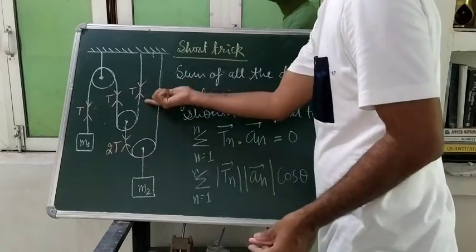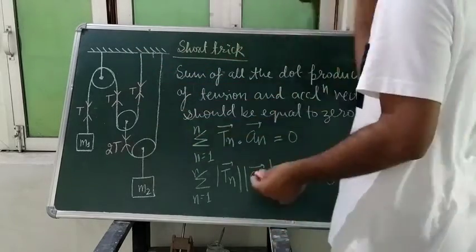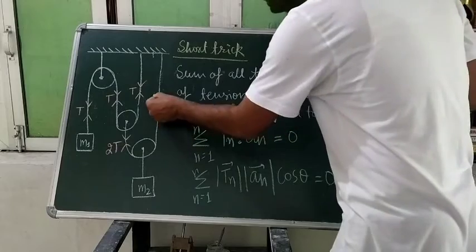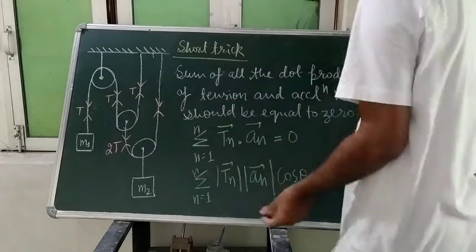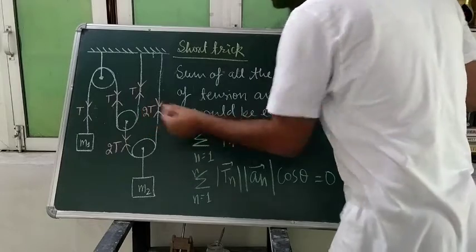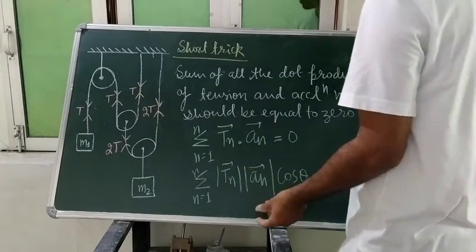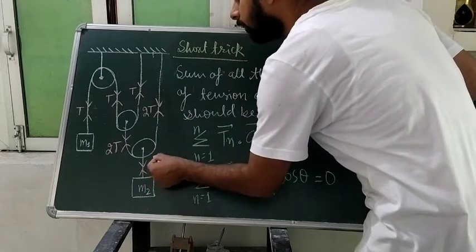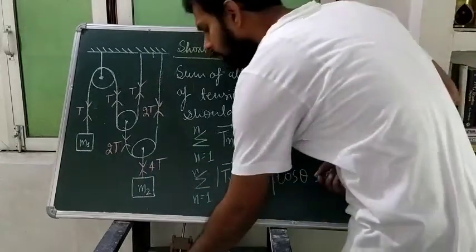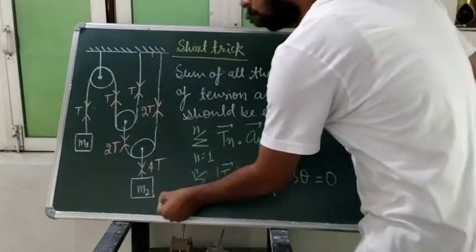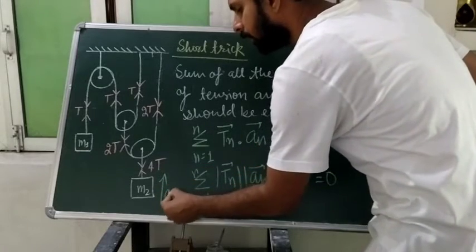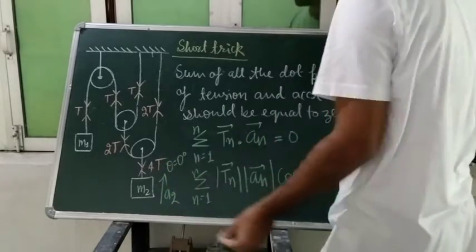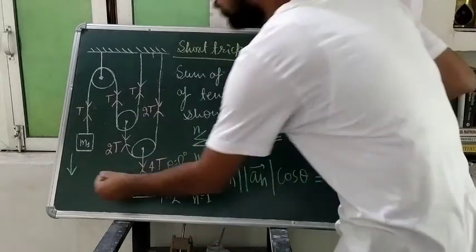So this T acts upside, and the tension here will come out twice T. It is the same string going over the frictionless and massless pulley, so the tension will be the same, equal to twice T. And this is 2T, this is 2T, so here the tension is going to come 4 times T. Since we are talking about acceleration, suppose I assume the acceleration of block 2 is A2 in the same direction as this tension 4T, so theta will be 0 degrees. And suppose I consider the acceleration downside, that is A1.